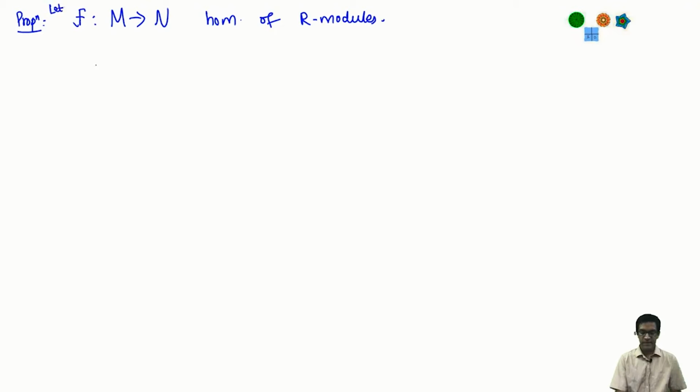Then f is injective, which means it's a 1 to 1 map, if and only if the kernel of f is 0, by which I mean the 0 submodule.